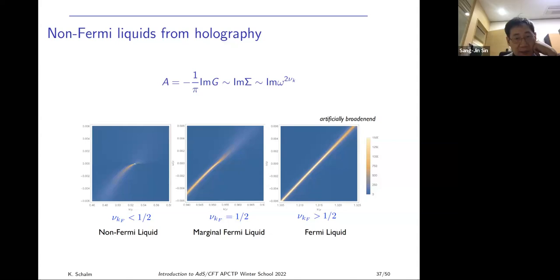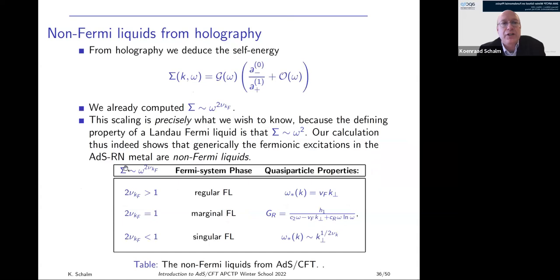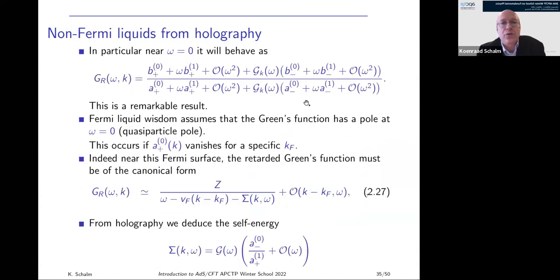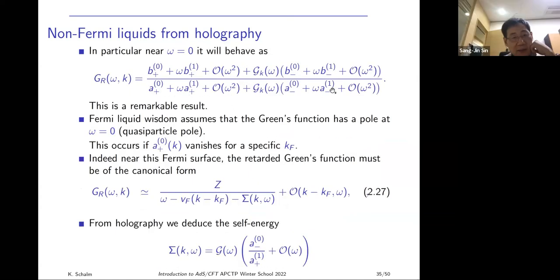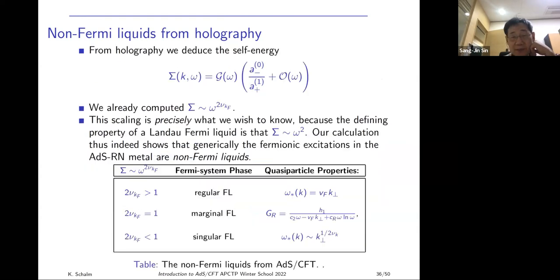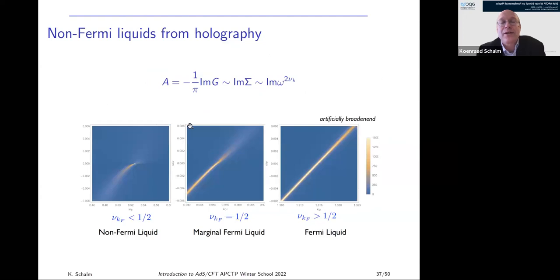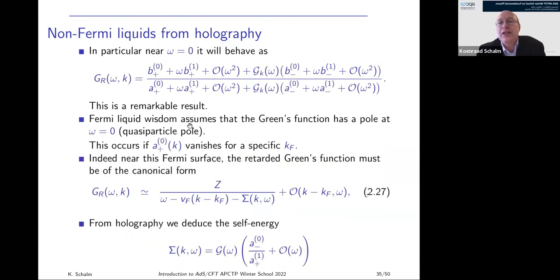Koenraad? Yes. Here, what is the G? G is the Green's function. G is this object right here, this whole thing. Not curly G. No. It's proportional to curly G, but it's the imaginary part of curly G times there are more factors in the game.